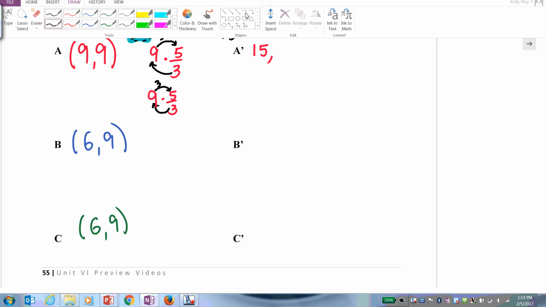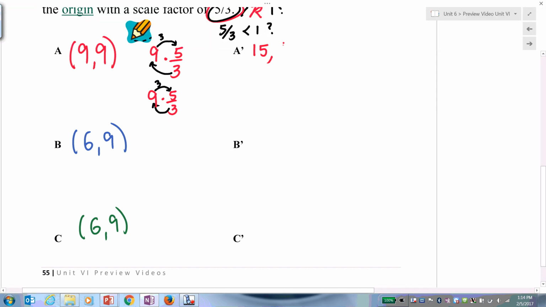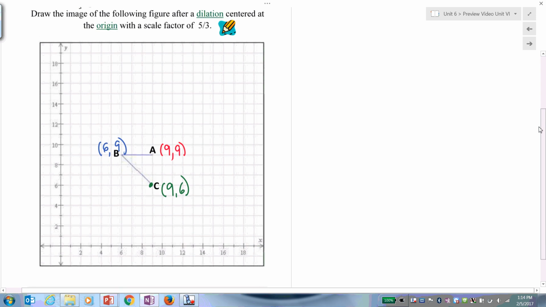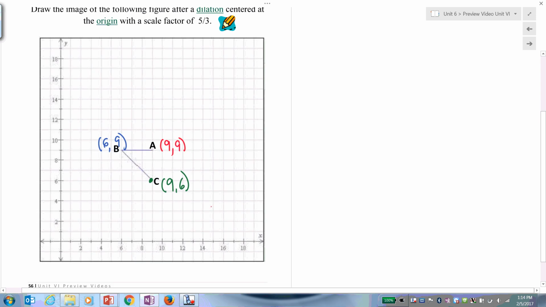Arrow out. 3 times 5 is 15. There's your new coordinate. So let's plot that new coordinate, 15 and 15. Notice it's called A prime.